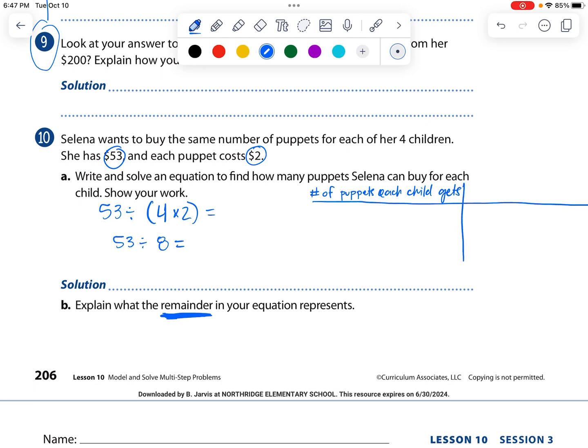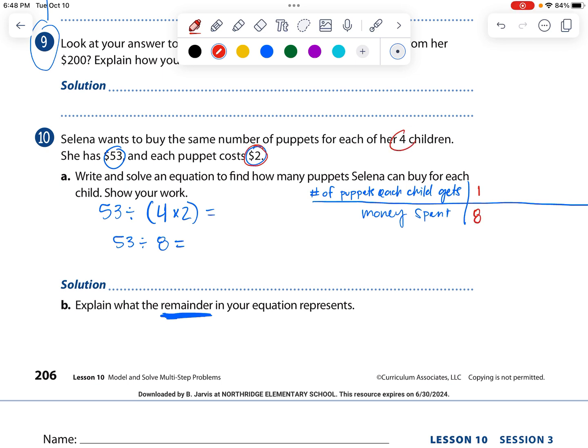Okay. That was actually really long. Okay, and then money spent. Remember, she only has $53. We can't go above $53. Okay, so if every child gets one puppet, that would be $8.